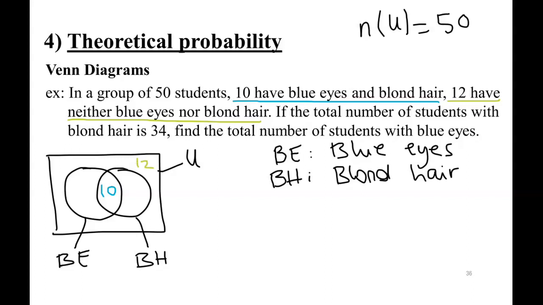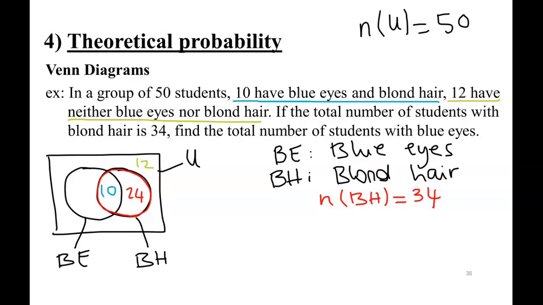Now, the total number of students with blonde hair is 34. When they say the total number of students with blonde hair, they did not exclude the intersection, so that's including the intersection with the blue eyes. So this is the set representing all the students with blonde hair, and we know that the total number is 34. Since we already have 10 of them placed, then we have 24 remaining here.